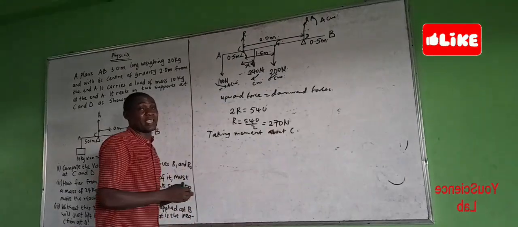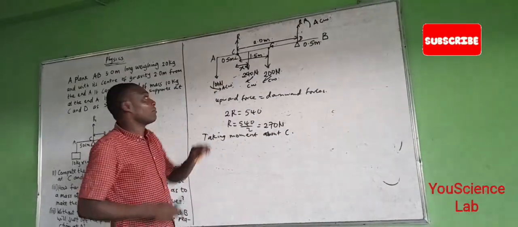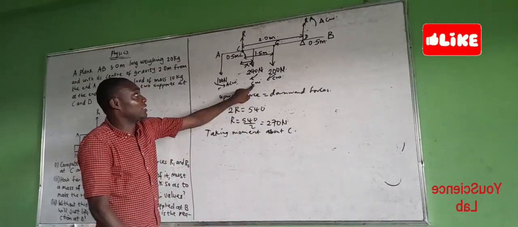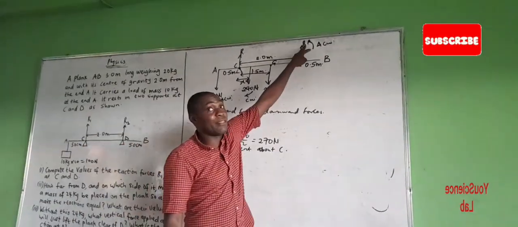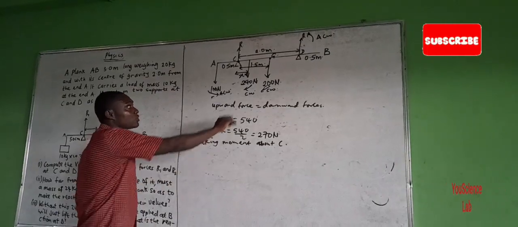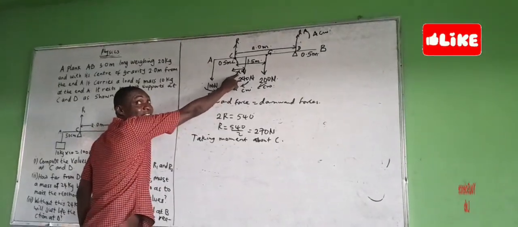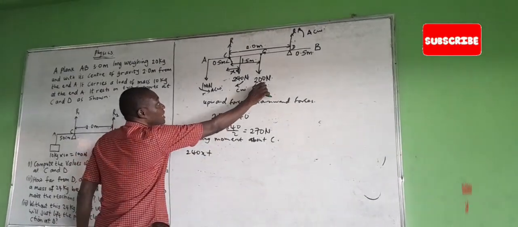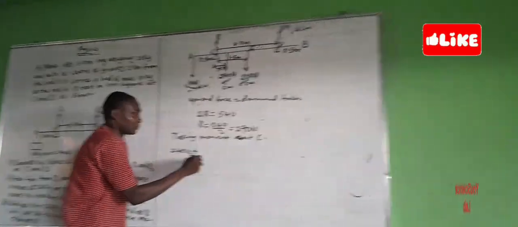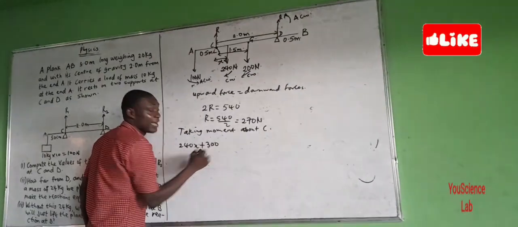So if we take moment about point C, our clockwise moments are this and this, and our anti-clockwise moments are this and that. So the sum of clockwise moment is 240 times X, 240x, plus 200 times 1.5. That's 300, right?